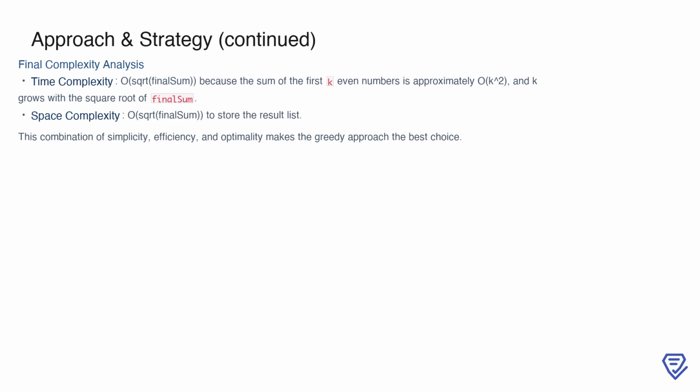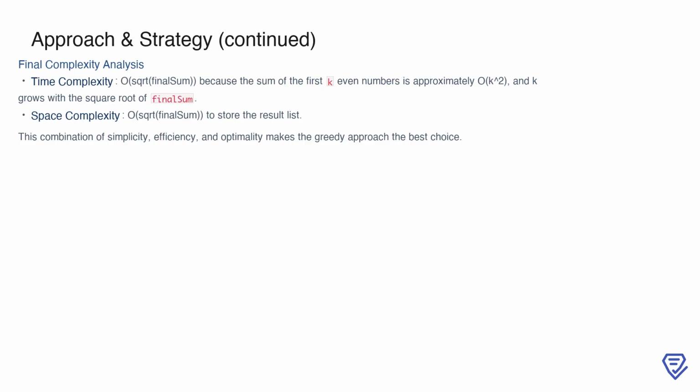The space complexity is similarly O(sqrt(final sum)), since we store the resulting list of integers, which will contain roughly that many terms. This combination of linear construction, low computational overhead, and optimal usage of space makes the greedy approach the best choice for solving this problem. Its simplicity, efficiency, and ability to achieve the maximum number of unique even integers align perfectly with the problem's requirements.